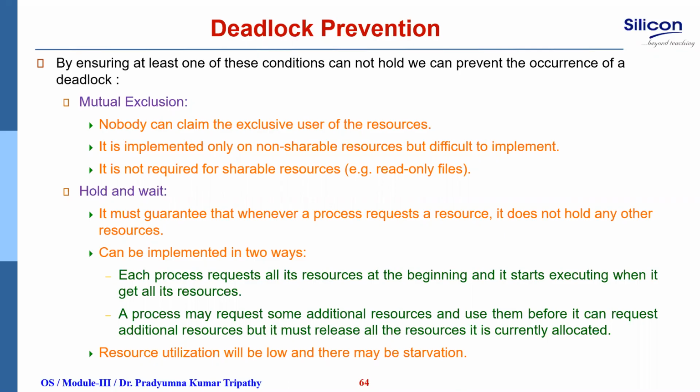Because the necessary conditions for deadlock are mutual exclusion, hold and wait, circular wait and no preemption. So out of these four, if any one of these does not occur, then the deadlock can be broken. So we'll see how any one of these can be prevented, what prevention we can take.